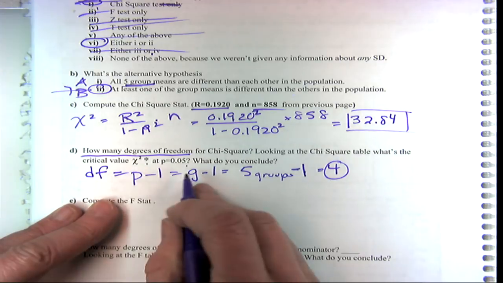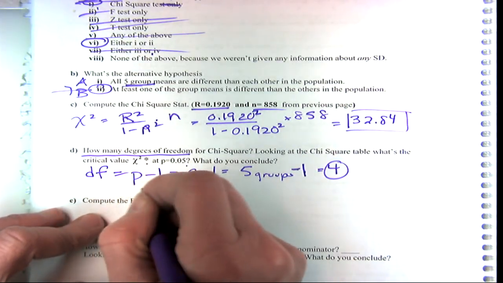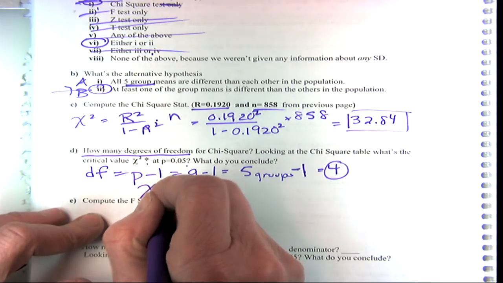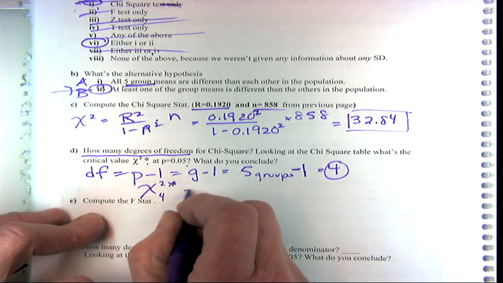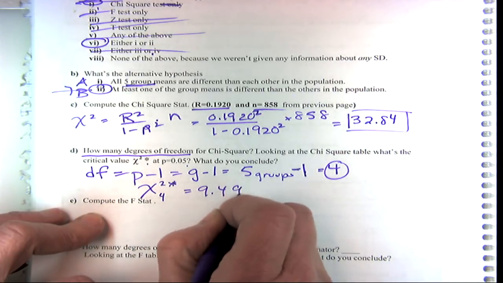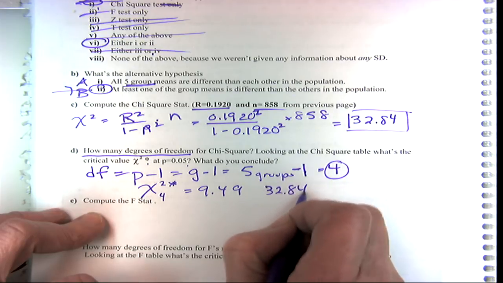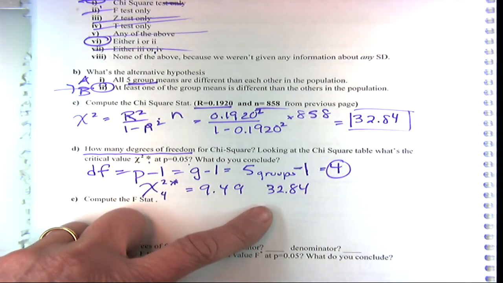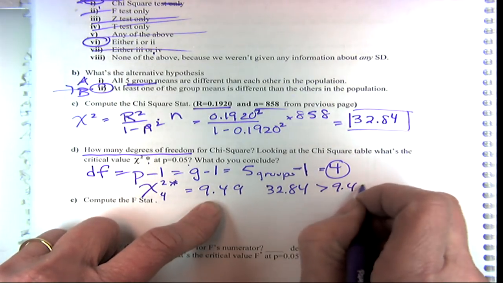So what does it say? Okay, what's the critical value? We'll put a little chi-squared critical value with 4 degrees of freedom is equal to 9.49. Our chi-squared, 32.84, is much further out on the tail, much more extreme, so it's much greater than 9.49.